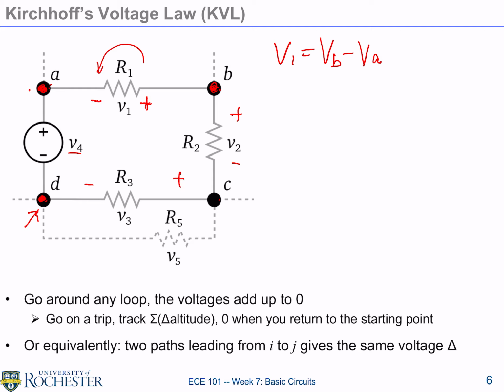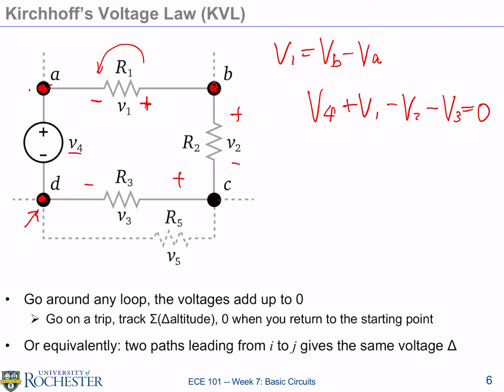So if you go around the circuit, your potential didn't change, then all the cumulative voltage change has to be 0.